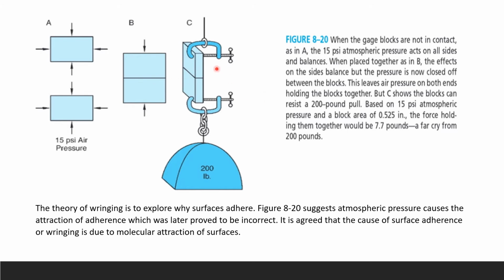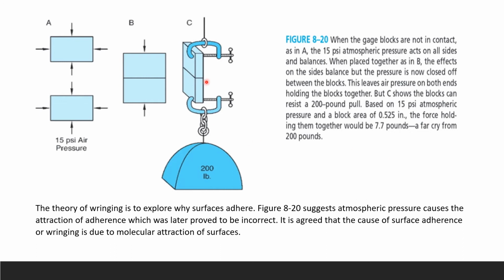So when you get to picture C right there, it shows the blocks can resist about a 200-pound pull. So that's a pretty big force, okay, a 200-pound pull is nothing but your force. So based on the 15 psi atmospheric pressure and a block area, when you measure it, you're going to get 0.525 inches.